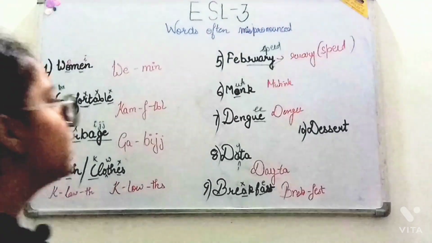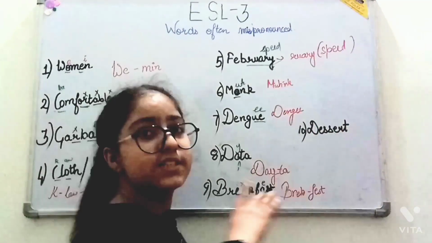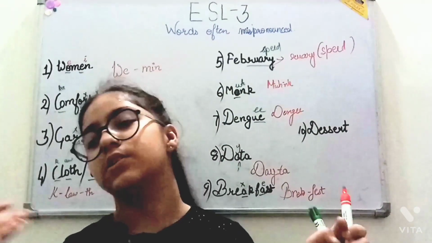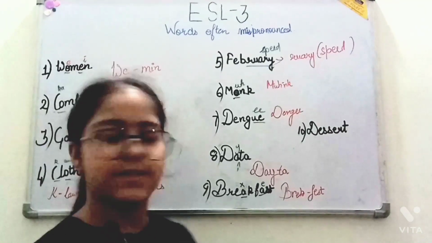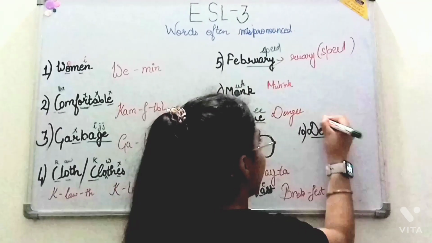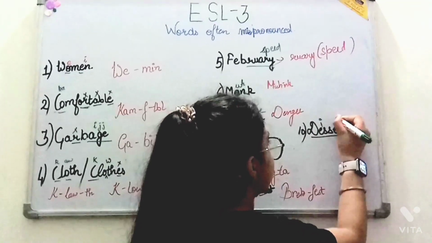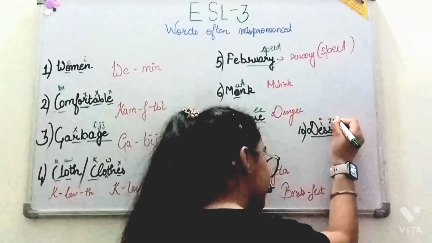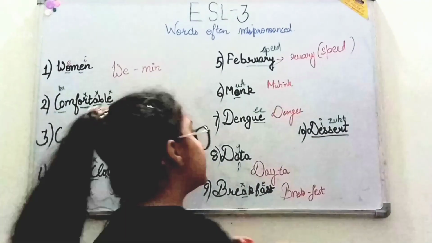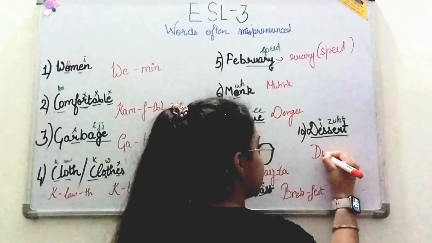So we call it desert and dessert, and that's incorrect. Instead of E here, we use I. Instead of these letters, we use Z-U-H-T. So it's dessert.